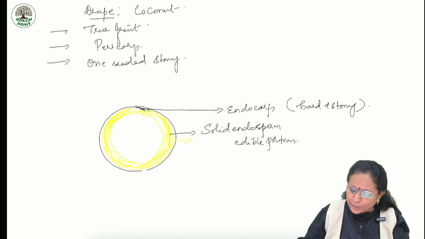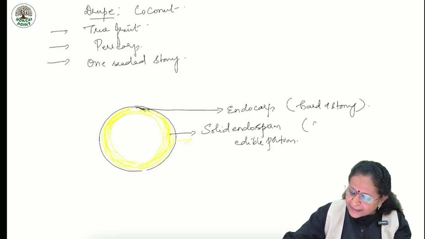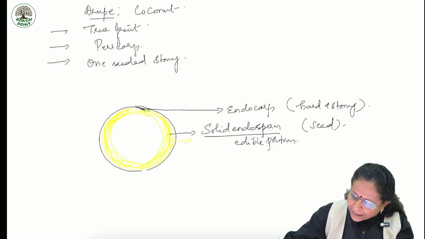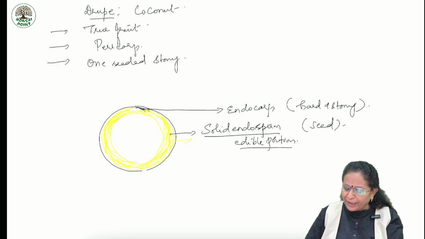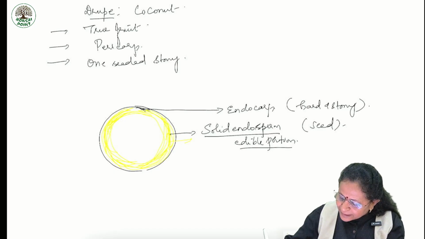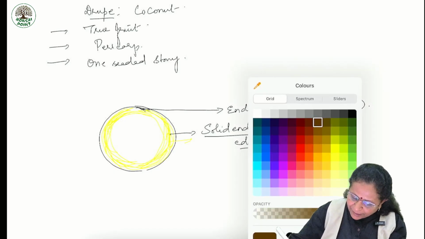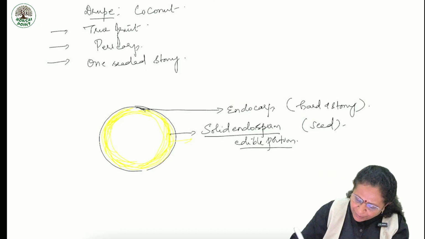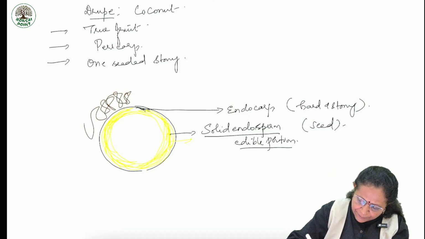Endocarp is hard and stony, enclosing a single seed which is the solid endosperm. Okay. What about the other parts here? Just have a look here. This is the fibrous portion that we are seeing.